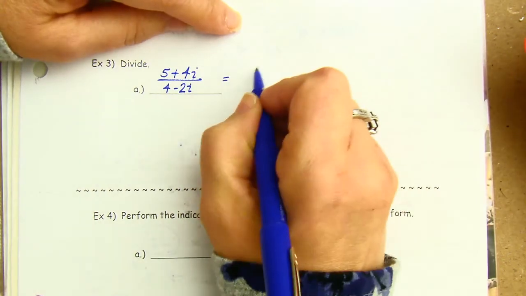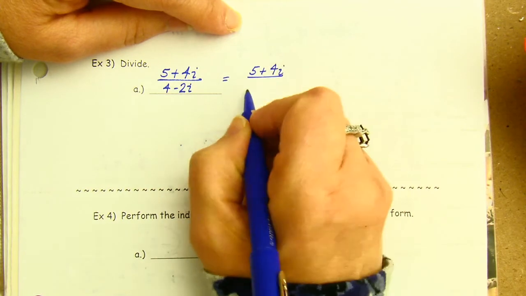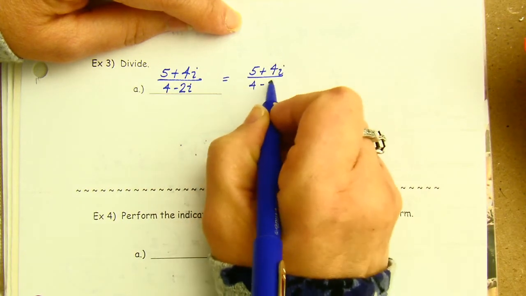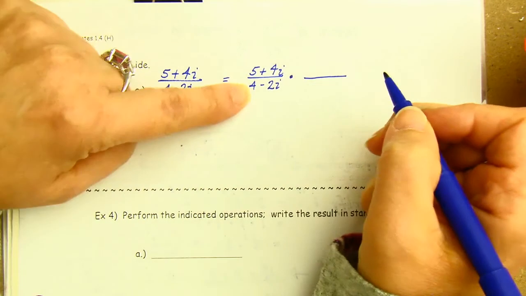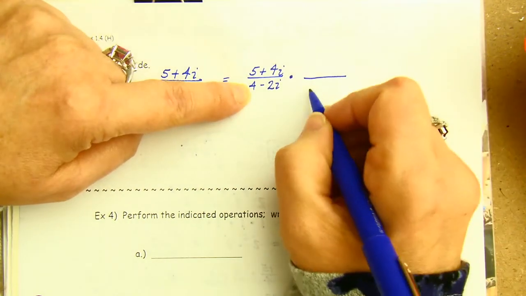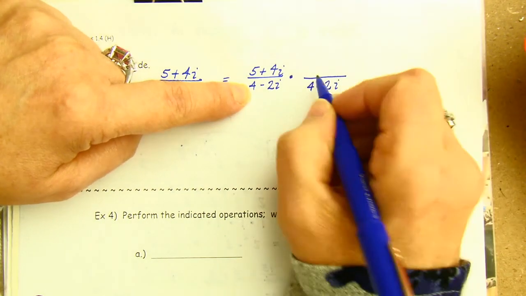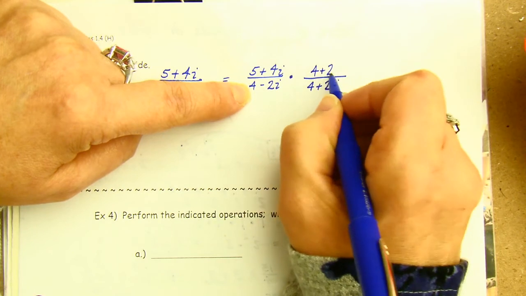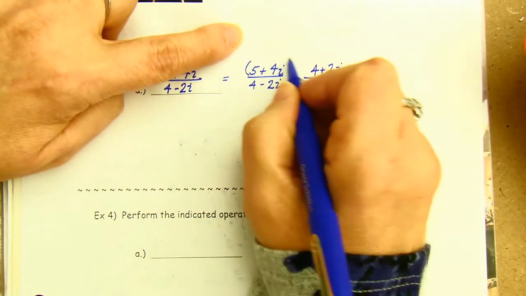So I'm going to rewrite this problem, 5 plus 4i over 4 minus 2i. And I'm going to show that I'm going to multiply by the conjugate of 4 minus 2i, which is 4 plus 2i, over itself.